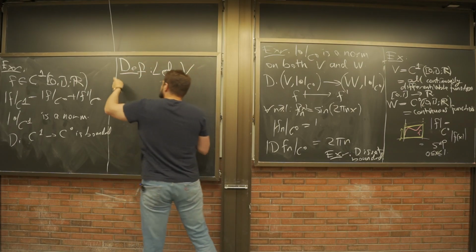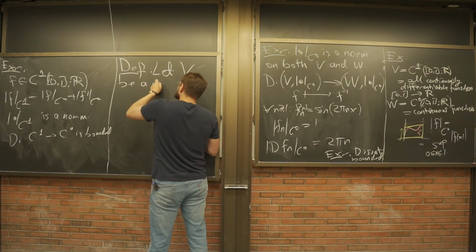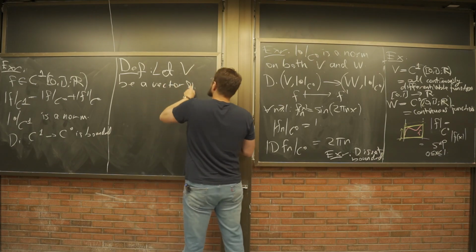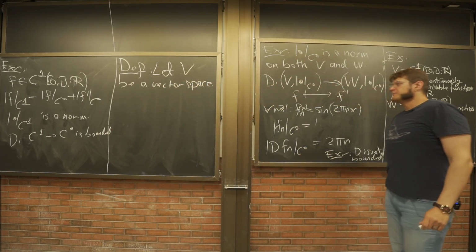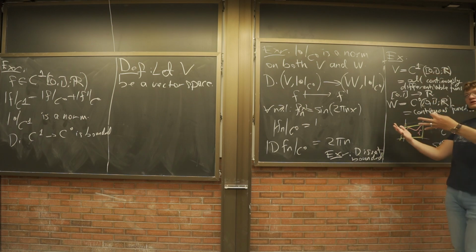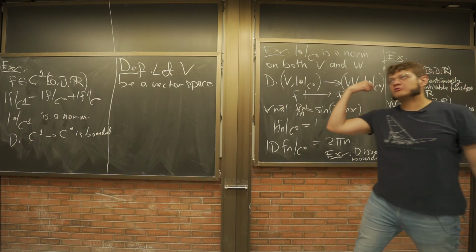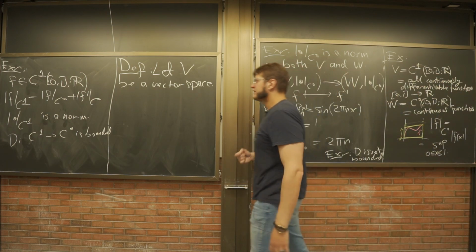let V be a vector space. An inner product on V is, okay, so if I want to talk about angles, I need to be able to take two vectors and give back a number.